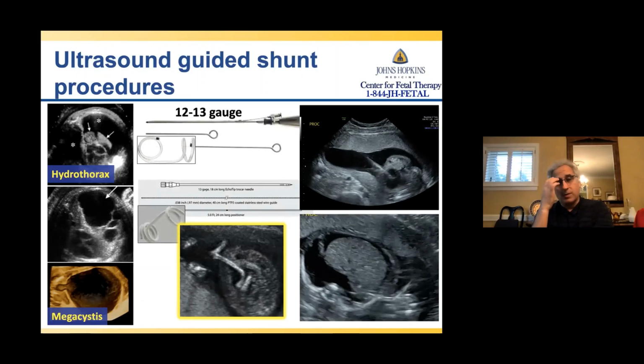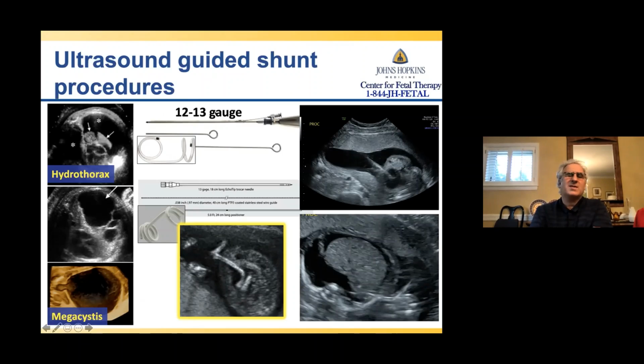These shunt introducers were made for fetal medicine and predominantly in Europe. So this first shunt introducer came from England, and it still comes from England. It's a double pigtailed shunt.